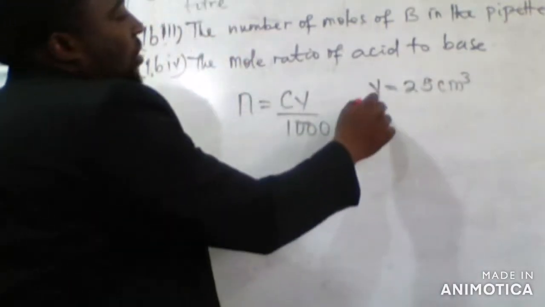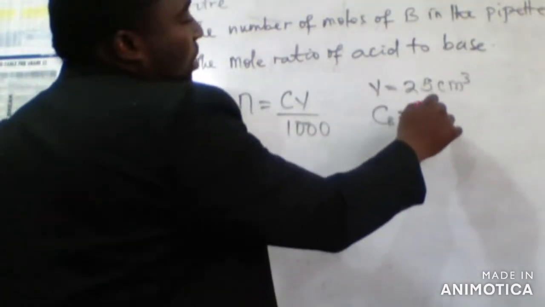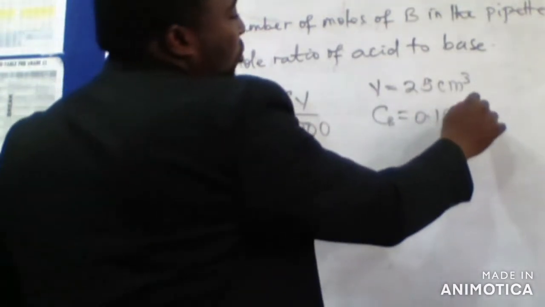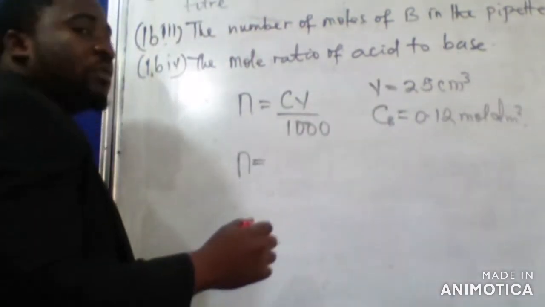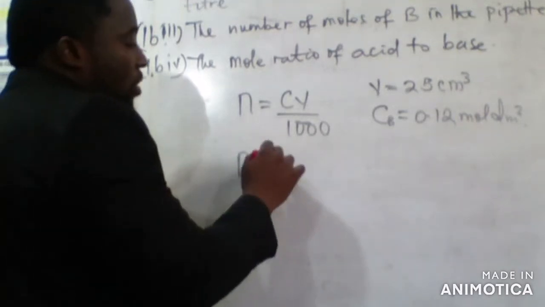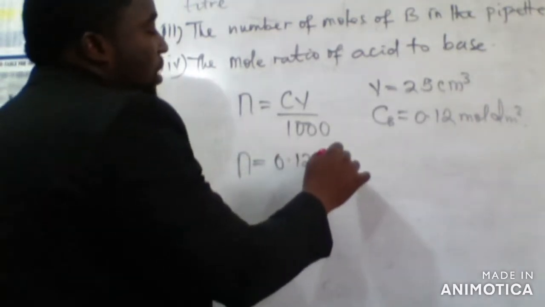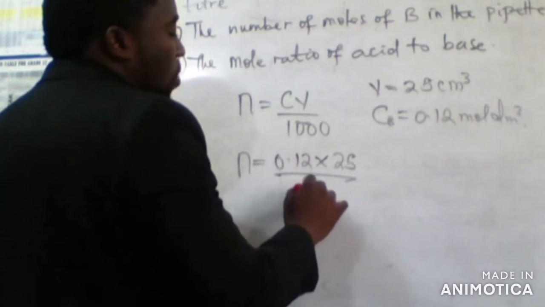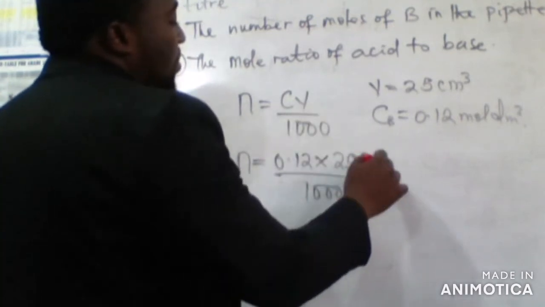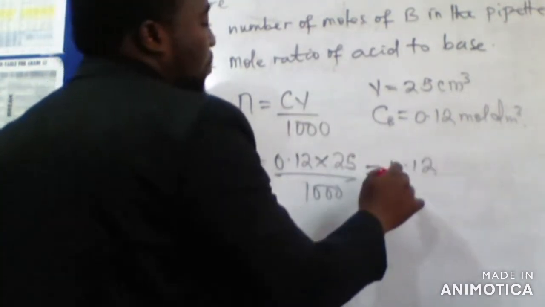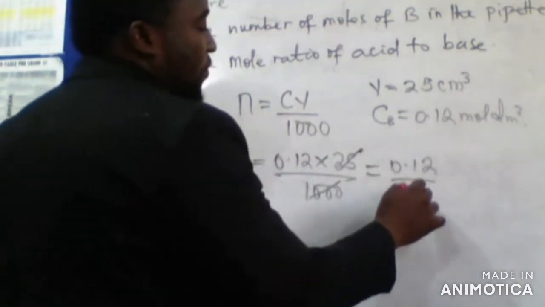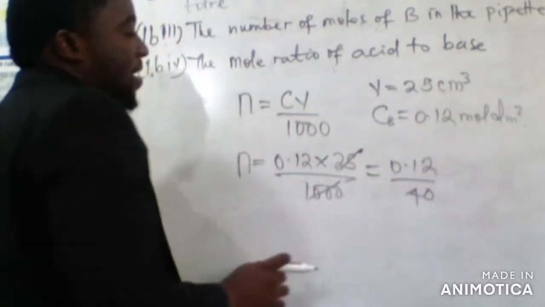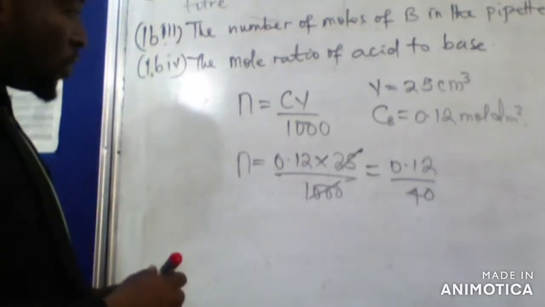Remember the concentration of B is 0.12 mole per dm cube as given in the question. So we substitute to find the number of moles of base in 25 cm cube of the pipette, which is 0.12 times 25 divided by 1000. I'm simply dividing 0.12 by 40, because 1000 divided by 25 is 40.